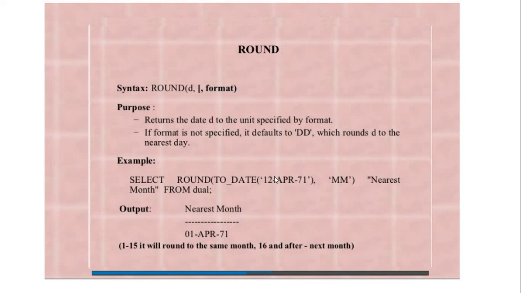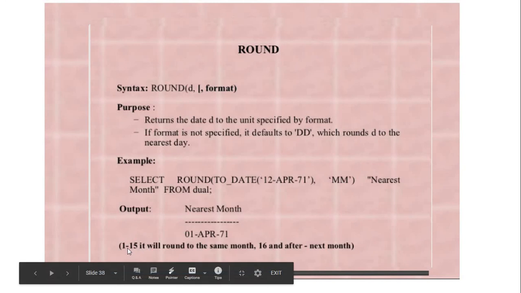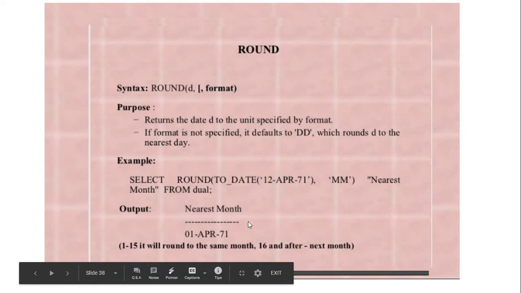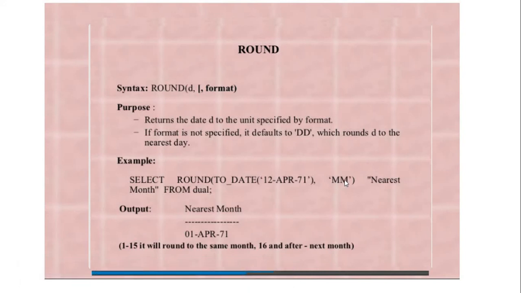The rule for that is that if the date is from 1 to 15, then it will be rounding this date to the current month only, and if the date is greater than 15, then it will be rounding that date to the next month, because here we have given this format. Yes, it depends on actually whether it is the DD or YY format.